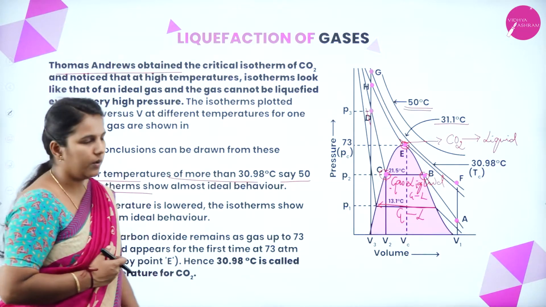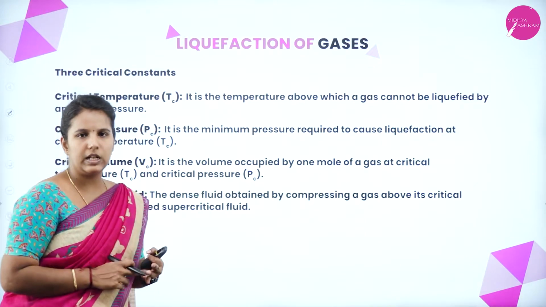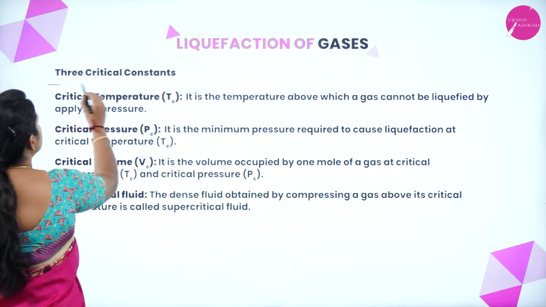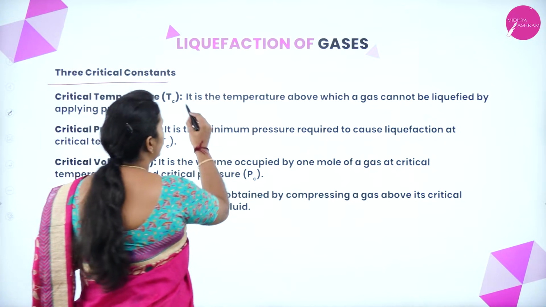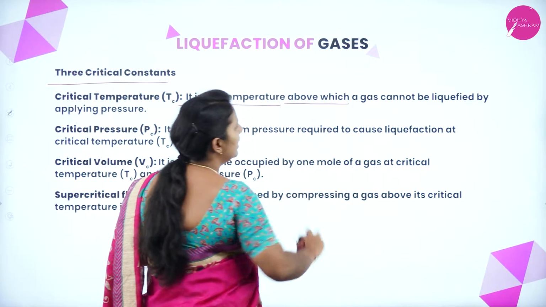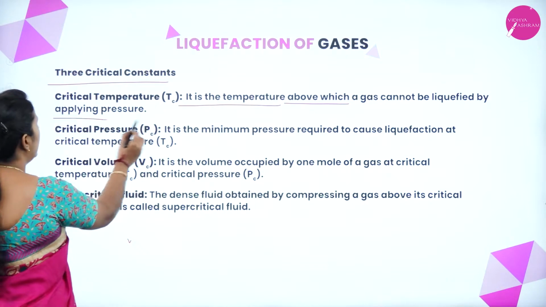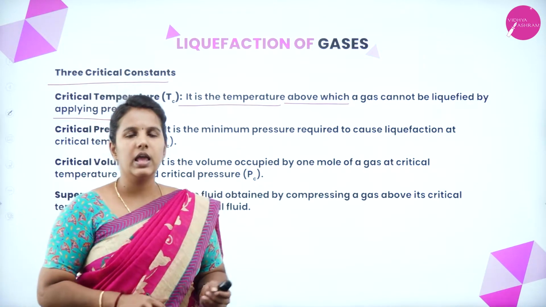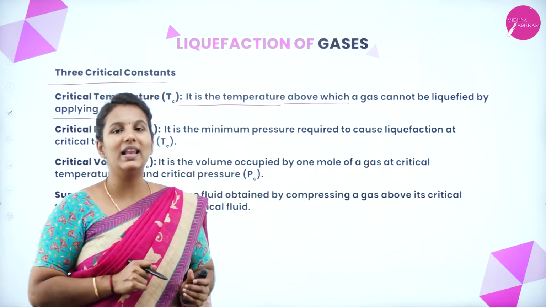Next we'll see what critical temperature, critical pressure and critical volume are. So these three are also known as critical constants. The critical temperature is nothing but the temperature above which the gas cannot be liquefied by applying pressure.